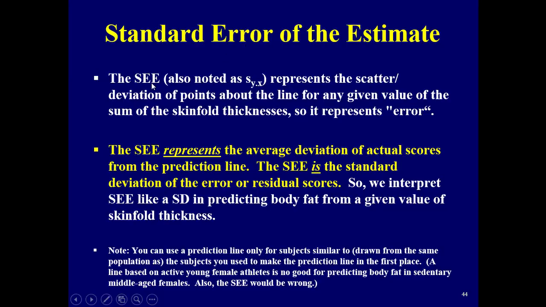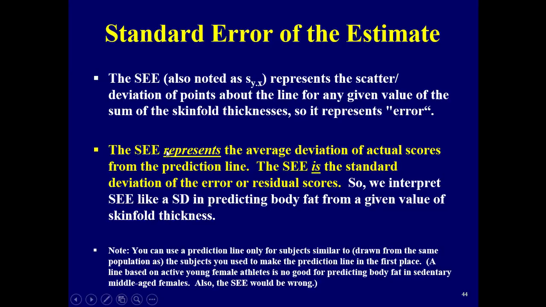And error is bad, because error represents the scatter or the deviation of the points around the line, so if the points were all on the line, we would have zero error, okay, and we would have a perfect prediction. But the further those actual points are from the prediction line, that's going to be more error, and that's something that we don't want.